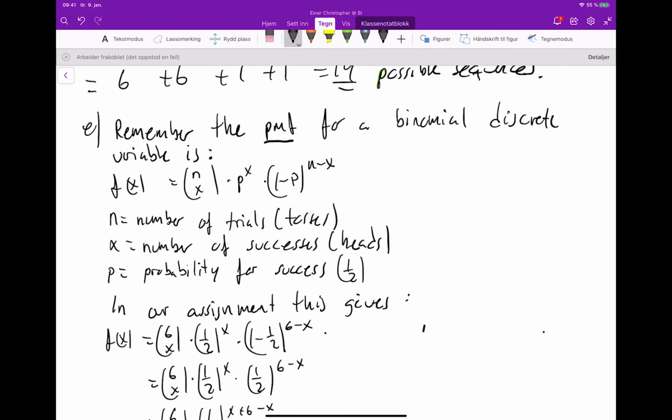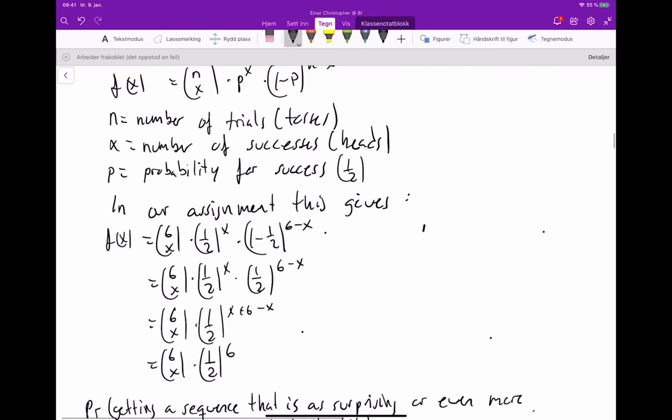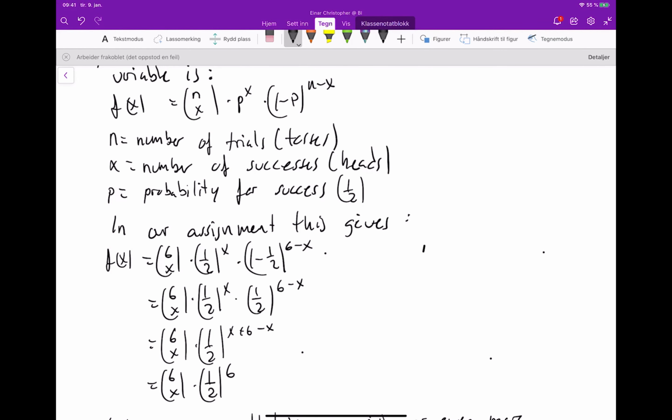So in our assignment, this gives that f of x is 6 over x times 1/2 to the power of x times 1 minus 1/2 to the power of 6 minus x.